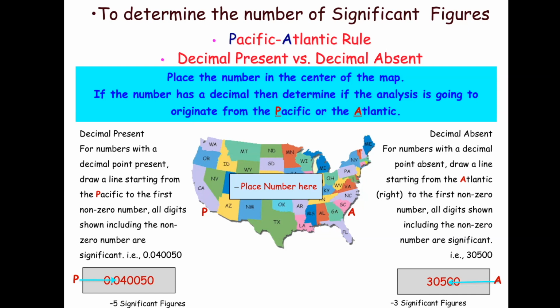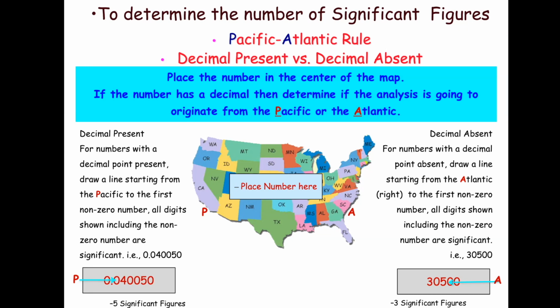All digits from 4 on are significant. So you can see 4, 0, 0, 5, and 0, because those are all digits after 4 going from the Pacific to the Atlantic. So we have 5 significant figures for that number. Easy to remember: if there's a decimal, we go from the Pacific to the first non-zero number, and all digits after that are significant.